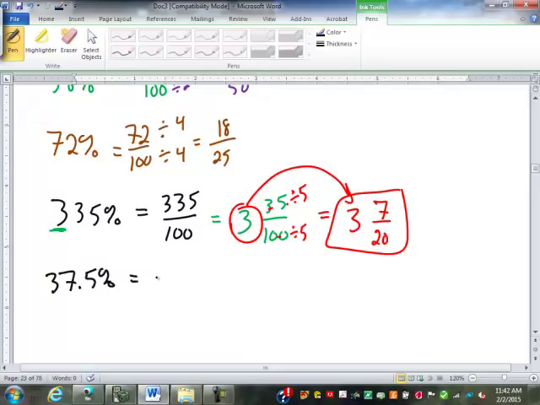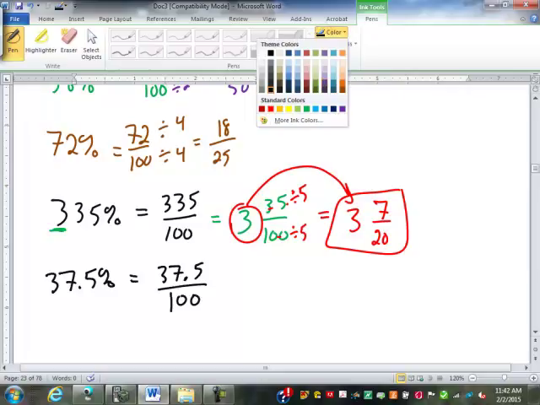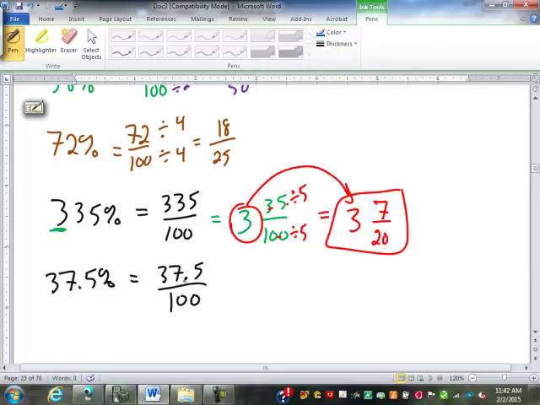Well, how about 37.5%? Well, that's going to become 37.5 over 100. But we don't like having decimals within our fractions. So to get rid of that decimal, we're just going to multiply by, in this case, 10, because we only have one decimal place. Of course, if it was 2 decimal places, we'd multiply by 100 and so on. So 37.5 times 10 is 375. 100 times 10 is 1,000.